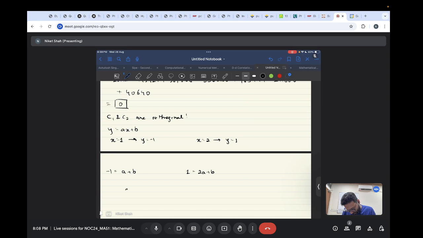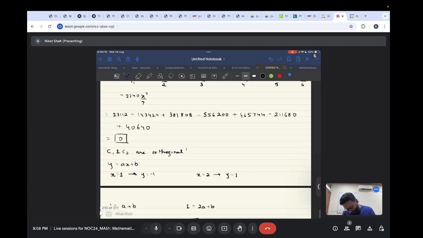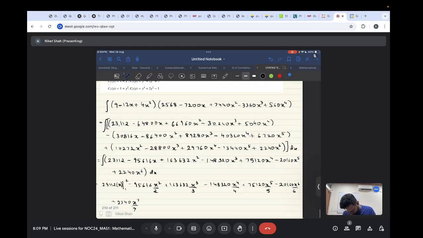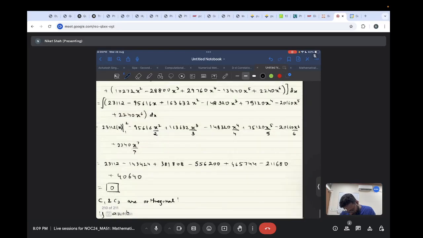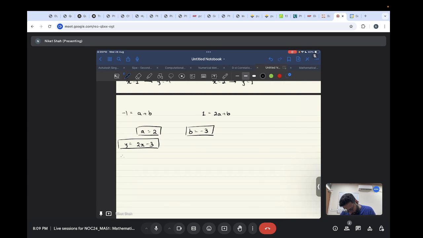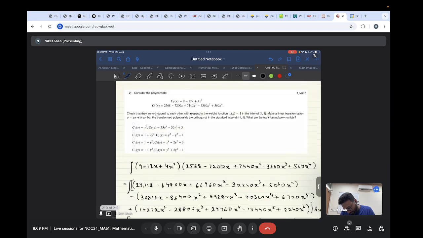I get a is equal to 2, and once I do this, I get b is equal to minus 3. So that y comes out to be 2x minus 3. Therefore, x is equal to (y plus 3) divided by 2. Now, use this value of x in all the polynomials, c1 and c2 both.